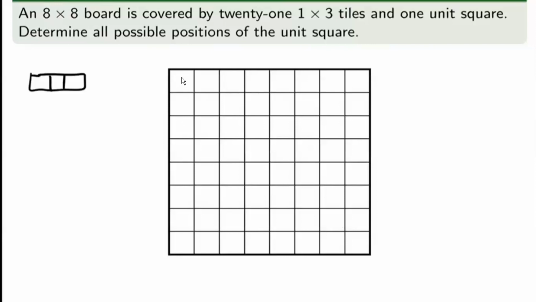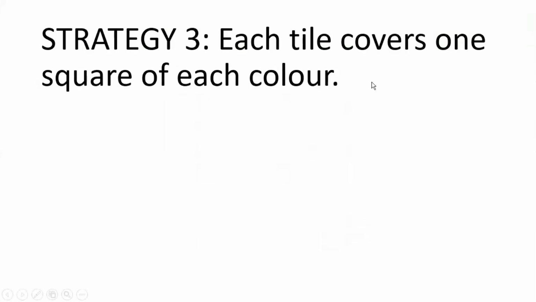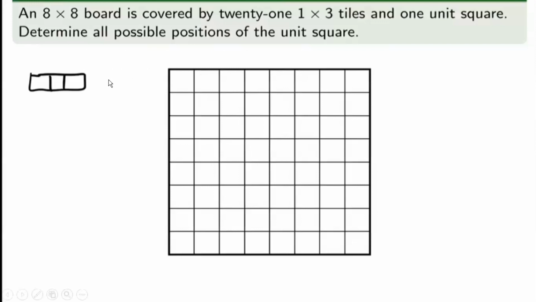Anyway, since we are in a coloring class, we should probably try to color this 8 into 8 board somehow. The first idea would be a chessboard coloring, but I haven't done that personally, and it's not very natural to do that with a 3 into 1 square.